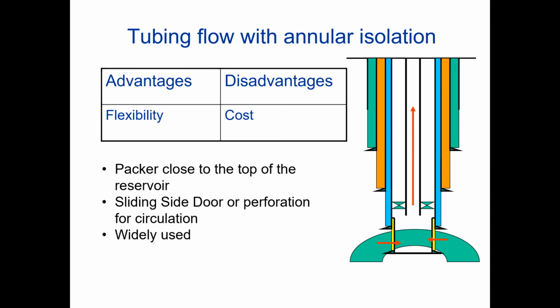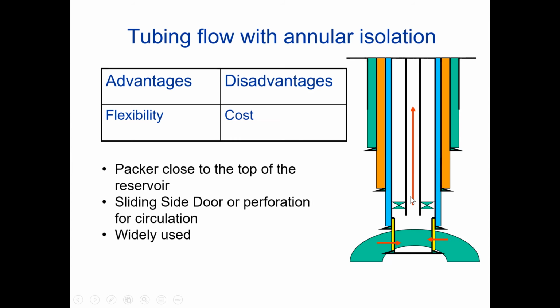The best option is this one, annulus tubing flow with annulus isolation. So we separate this section. So we protect the casing, and the fluid is going through the tubing. Okay?